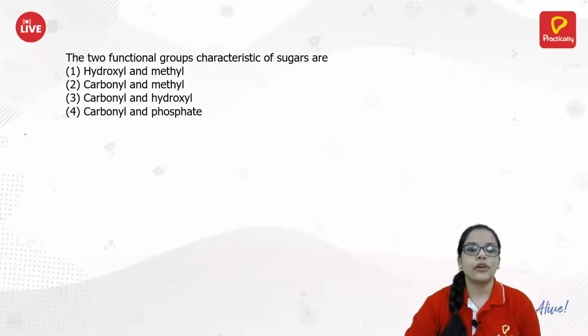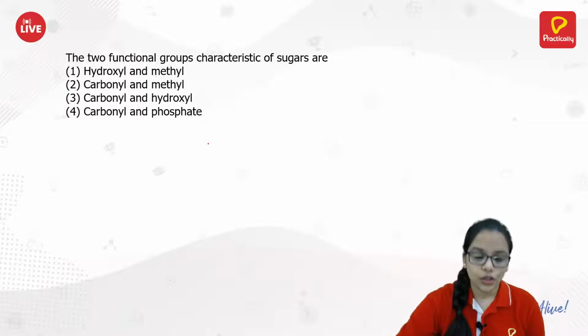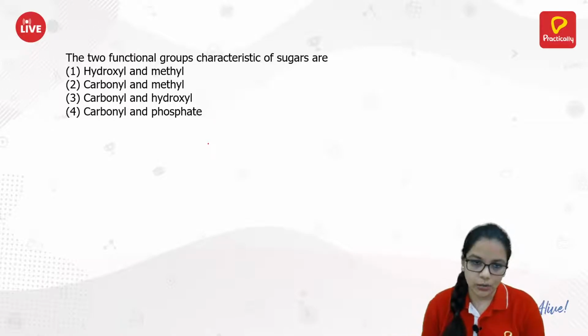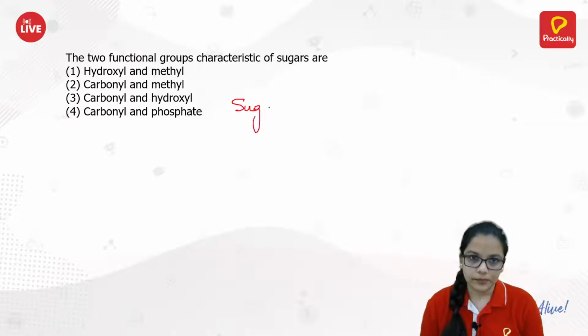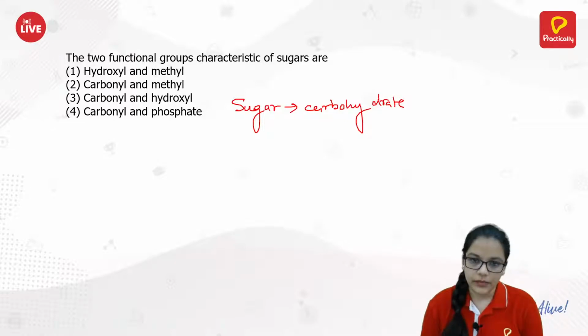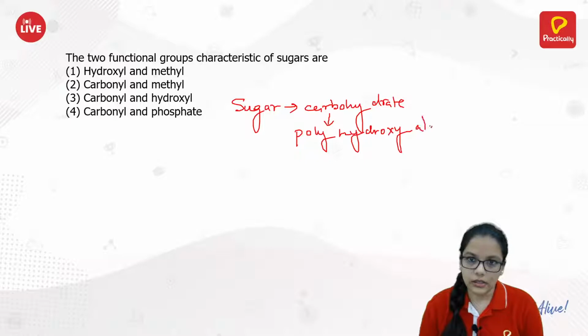Next, the two functional groups characteristic of sugars are, see, sugar is a kind of carbohydrate. Whenever you talk about carbohydrate, it is a polyhydroxy aldehyde or ketone.